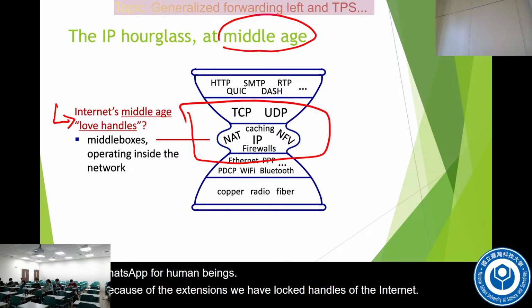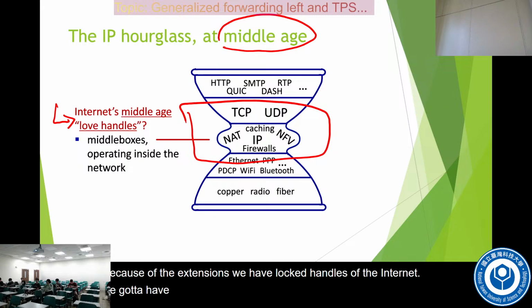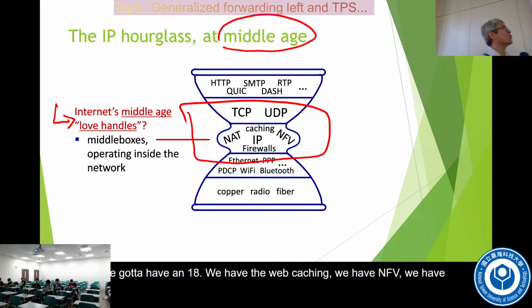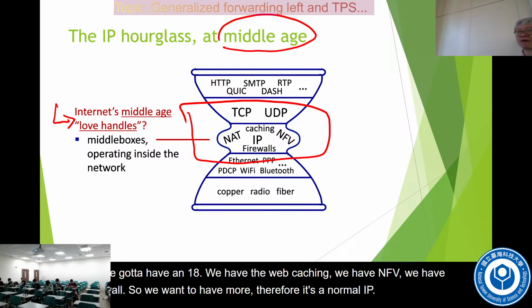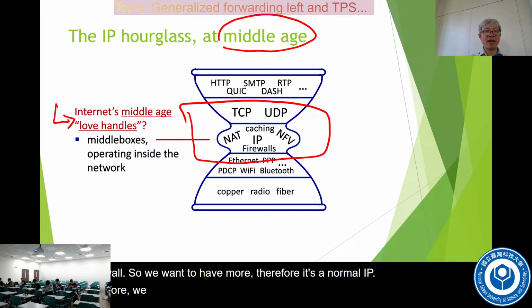And we already have NAT, we have web caching, we have NFV, we have a firewall. So we want to have more. Therefore, it's not simply normal IP. Therefore, we have more middleboxes.